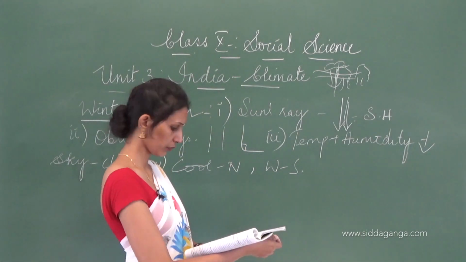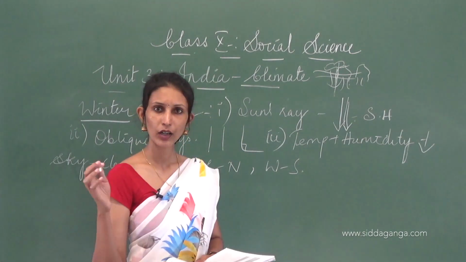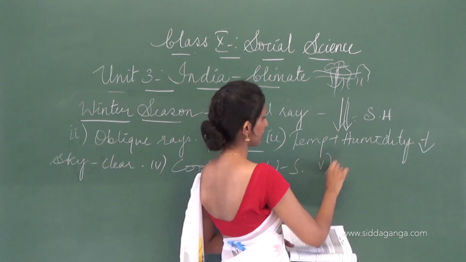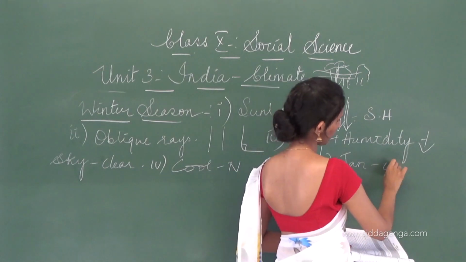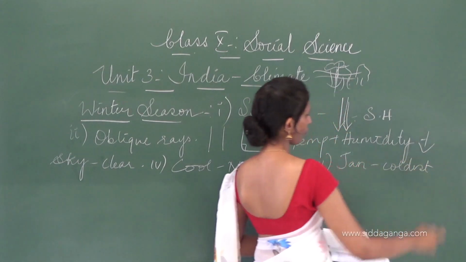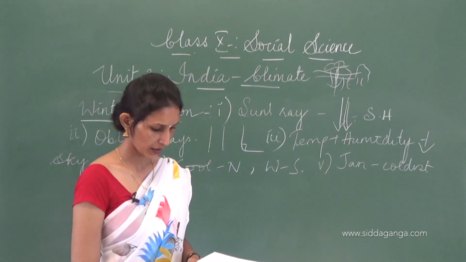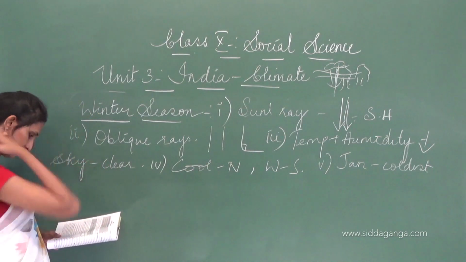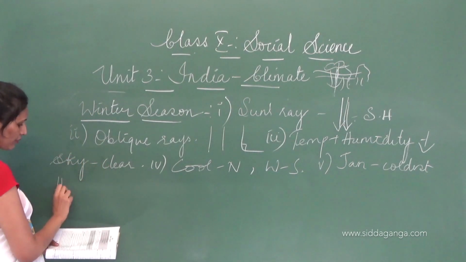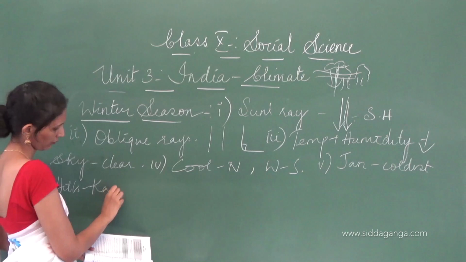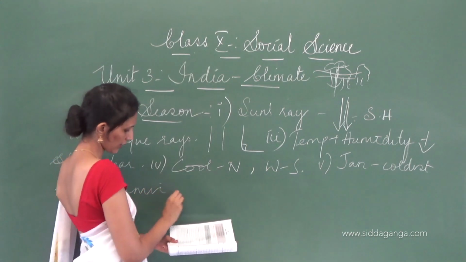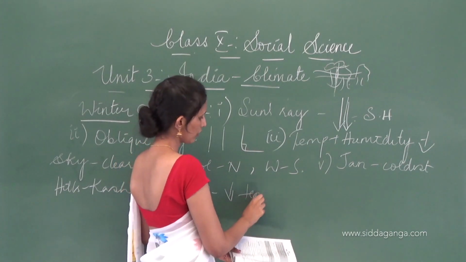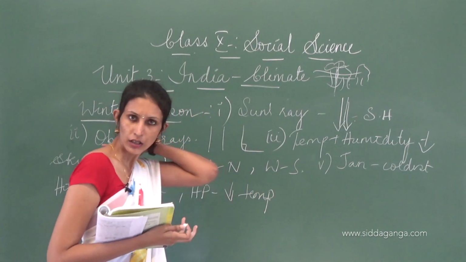Now, the weather is cool in the north and warm in the south. January is the coldest month. Now the hills in Kashmir and Himachal Pradesh record the lowest temperature.